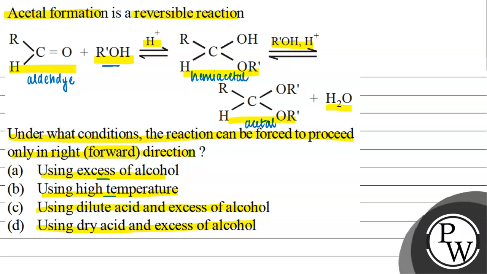Now if we use high temperature, no, using high temperature is not the option. Using dilute acid and excess of alcohol, no, this is also not the correct option. If we talk about using dry acid, yes, dry acid को हम use करके water को minimize करके we can restrict the hemiacetal and acetal step. So excess of alcohol can be used in the first step, which is the aldehyde and hemiacetal step.